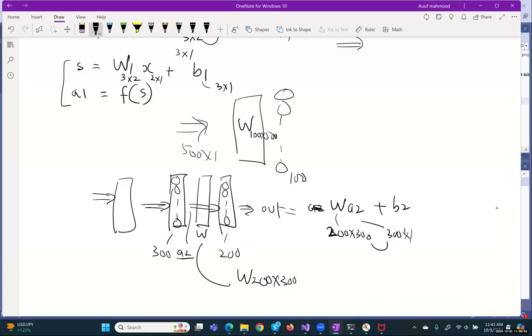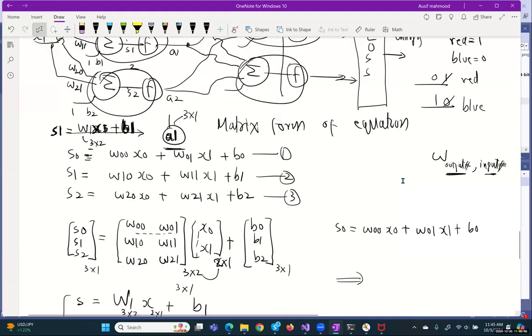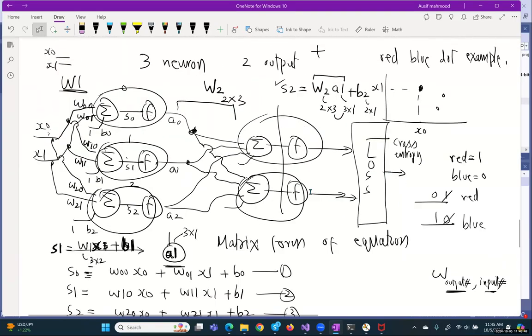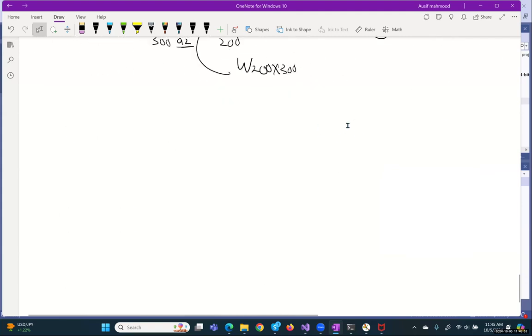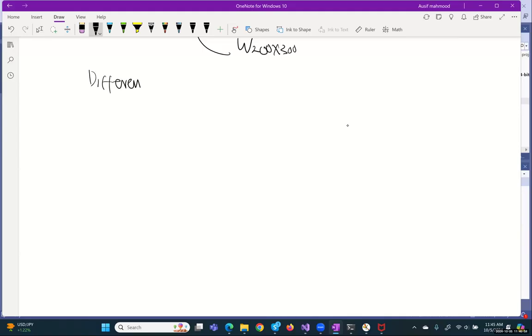Okay, so next thing I wanted to clarify was the cross entropy loss. As we go along, we will come across different loss functions. We had briefly talked about it in the last lecture also.